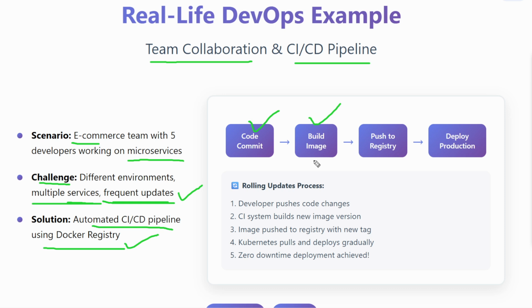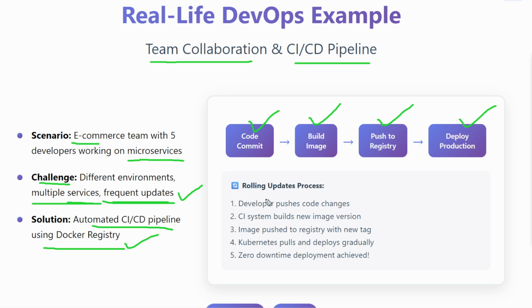We are going to automate things in pipeline management servers like Jenkins, GitHub Actions, GitLab CI/CD, Azure DevOps. These are pipeline servers where we can automate this workflow, and then we can push to a registry, and then we can deploy that into production by pulling that image into that particular server.